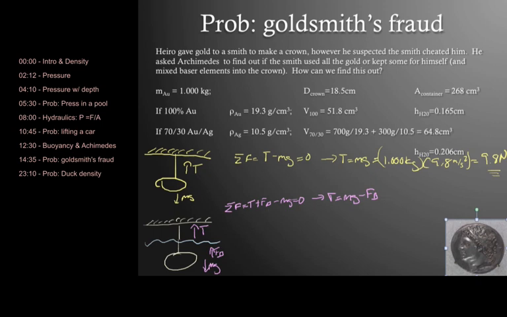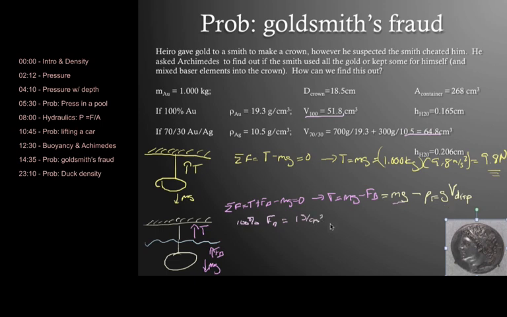But what is that buoyant force? That buoyant force is equal to rho of the fluid times g times the volume that's displaced. So since both the pure and the impure are going to have this mg, let's just think about this buoyant force. So this buoyant force is going to be rho of the fluid, so that's 1 gram per cubic centimeter.